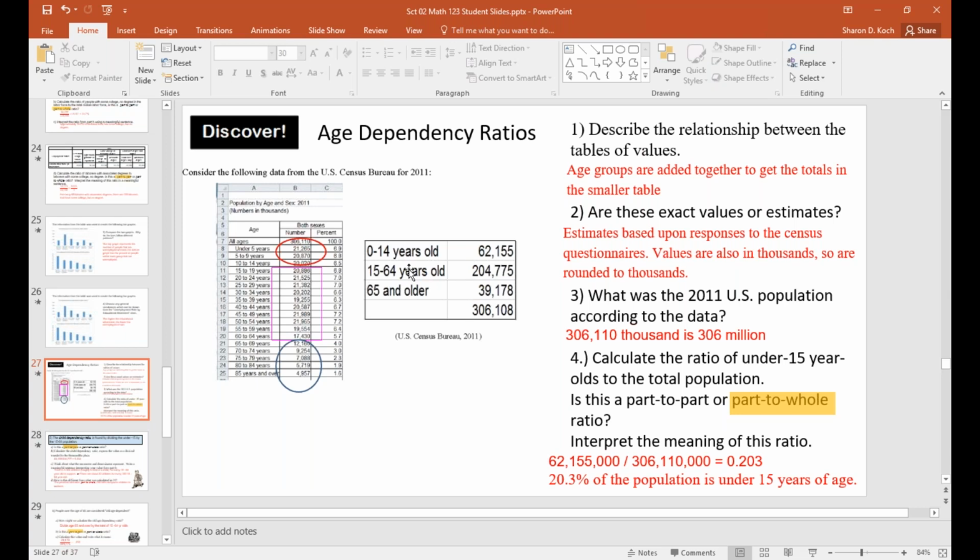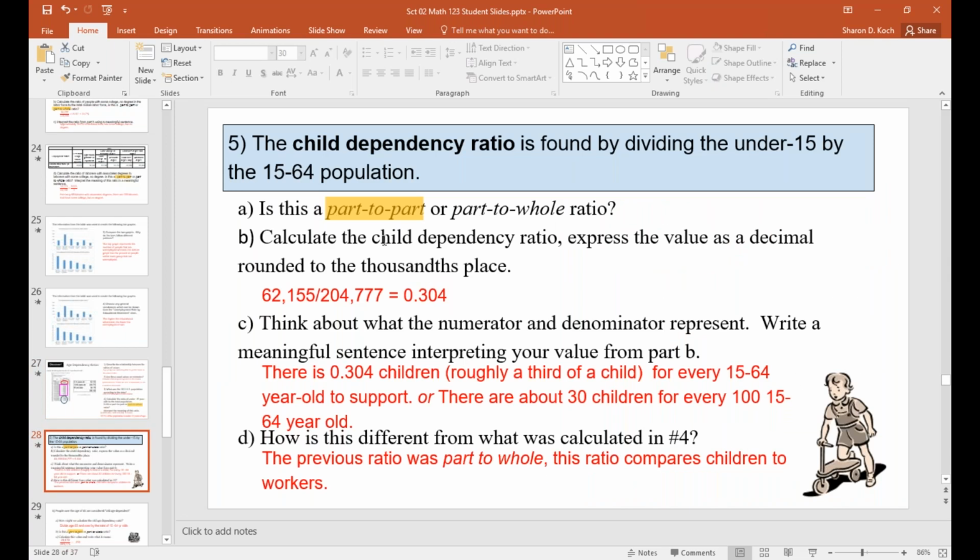That's the part of the population that makes your country economically active. So we're comparing the children who are dependent upon the workers. That's not literally dependent, maybe watching them one-on-one, but their tax dollars also help support programs for them. All right, so that's why we would do that.